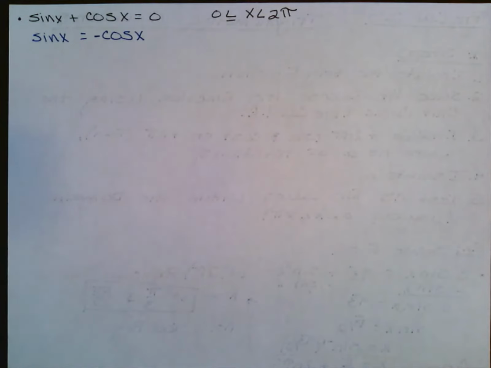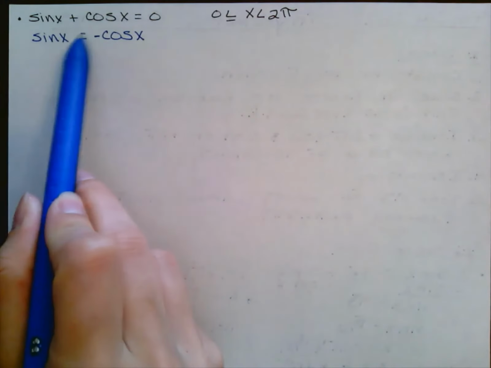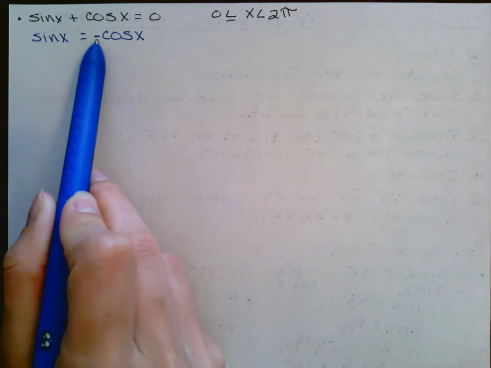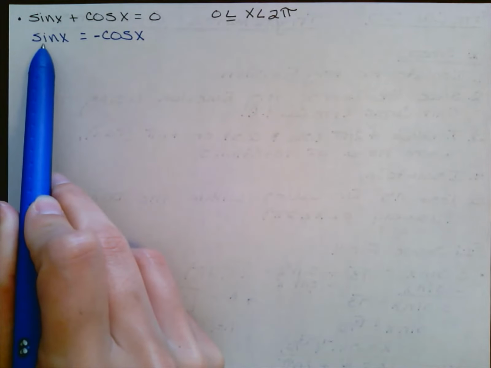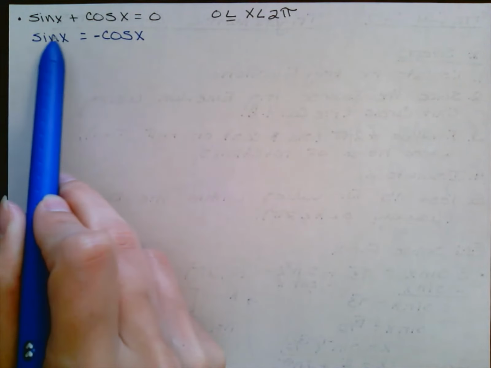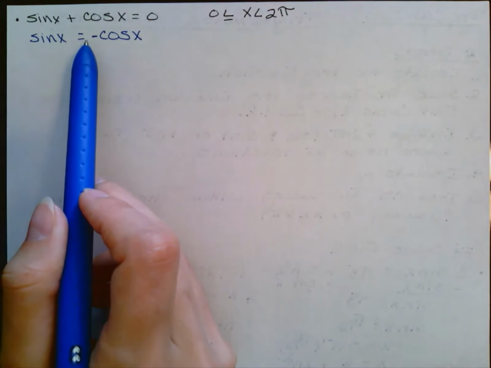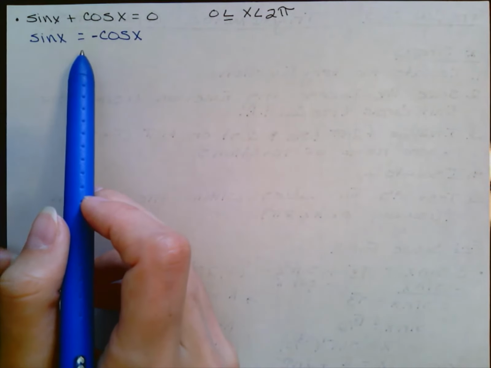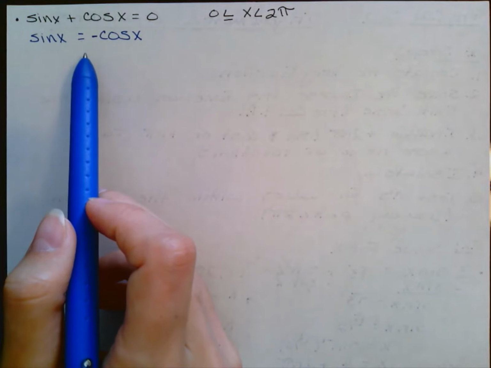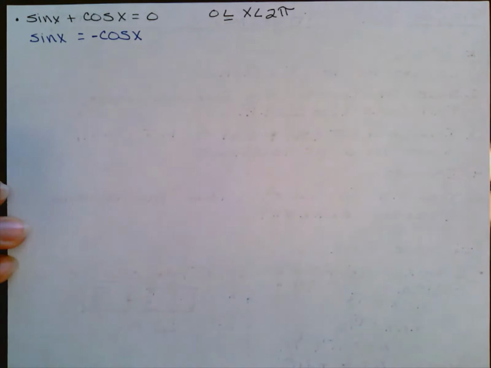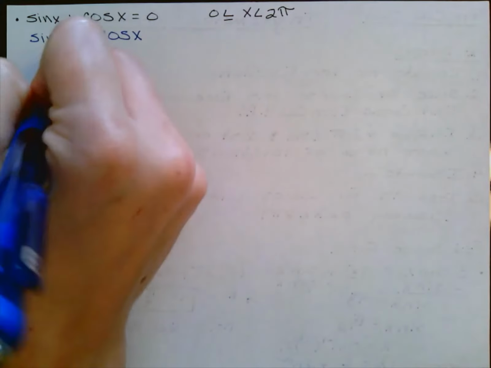Pause this video, open up a unit circle on Google, and ask yourself, when do sine and cosine have equal values but opposite signs? One more time, when on the unit circle are sine and cosine equal in value but have opposite signs? And hopefully you can see that happens when there's a positive and negative radical 2 over 2, and that happens twice in the unit circle, okay?